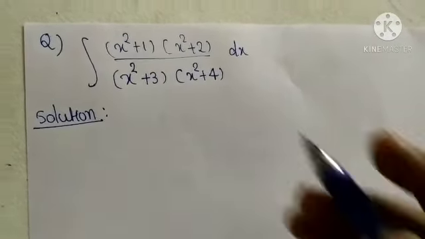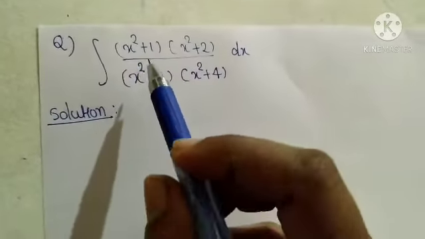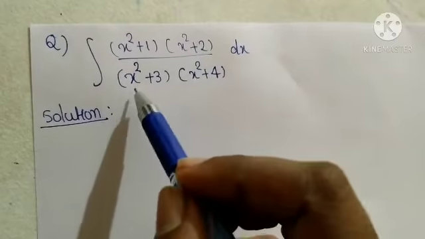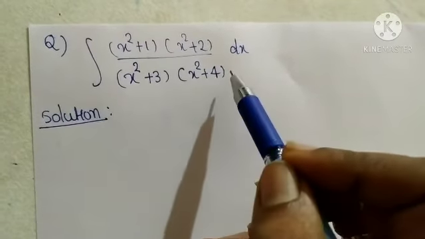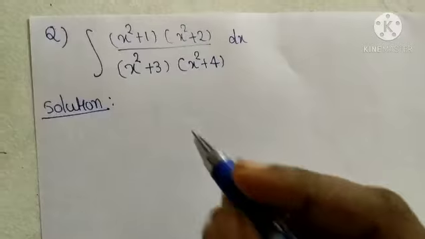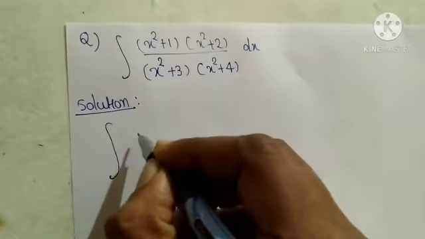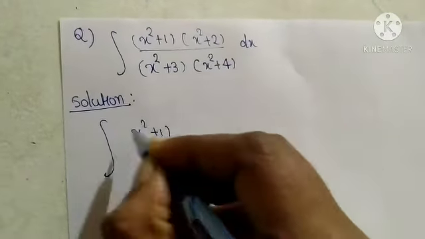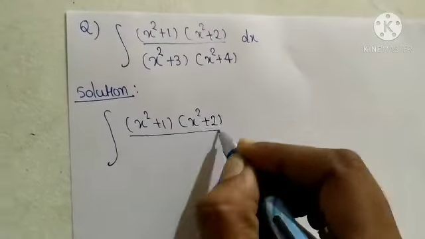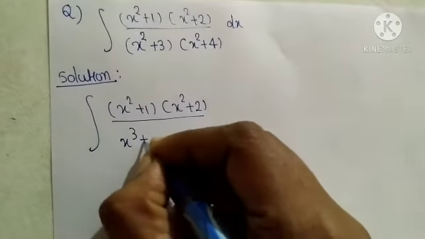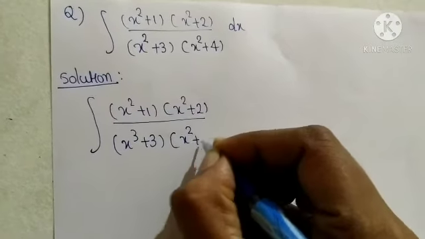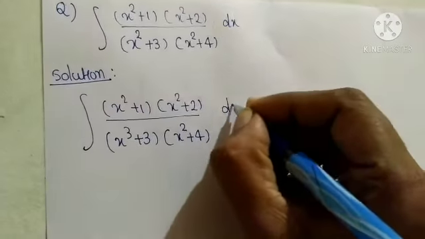This is our next question. We need to find out the value of integral x square plus 1 into x square plus 2 divided by x square plus 3 into x square plus 4 dx. So let's start the solution of this question. The question is integral x square plus 1 into x square plus 2 divided by x square plus 3 into x square plus 4 dx.